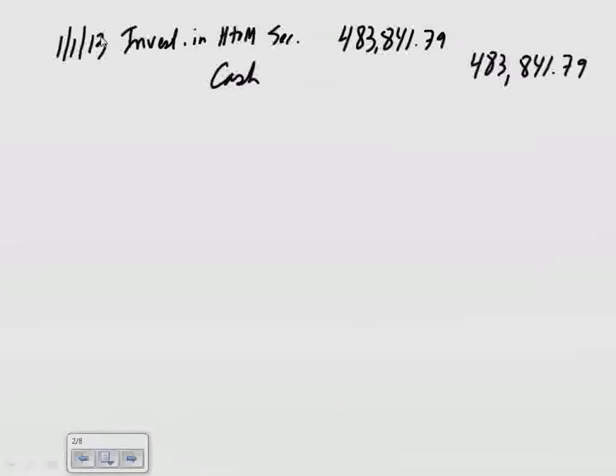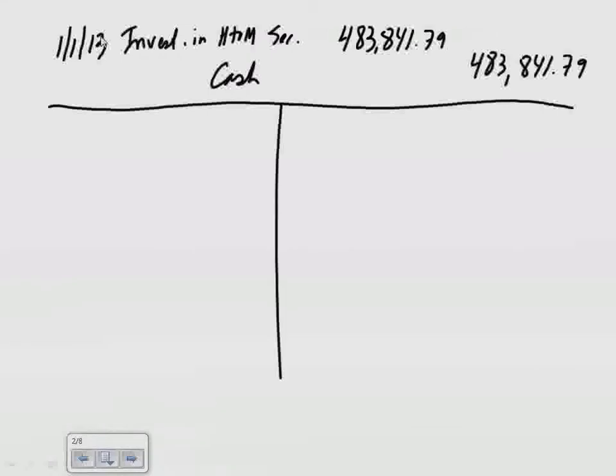These bonds sold at a discount, and that initial discount is going to be $16,158.21. We're going to do the effective interest method over here, and I'll do the straight line method over here.